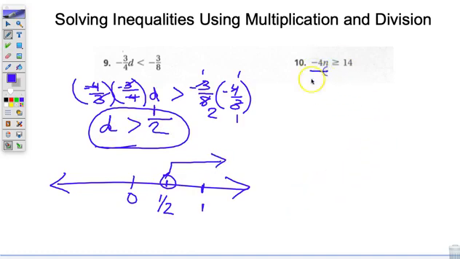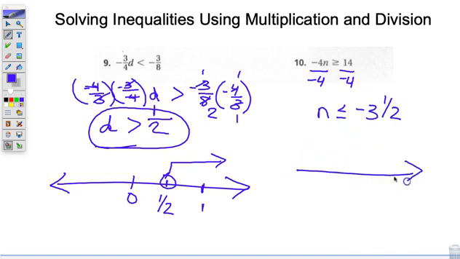In the last example, we are dividing both sides by a negative number. So we do need to reverse the greater than or equal to to less than or equal to. 14 divided by -4 would be equal to -3 1/2. So again, to graph a mixed number, it works kind of the same way here.